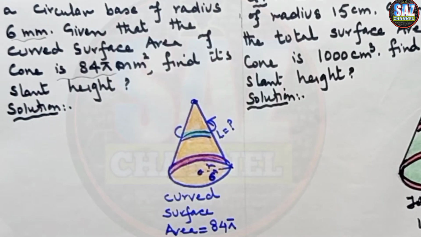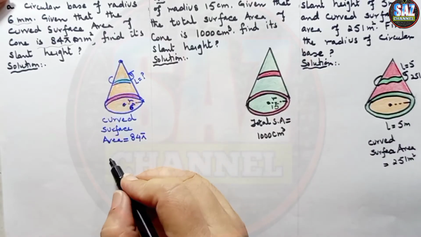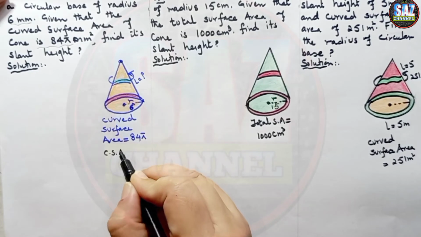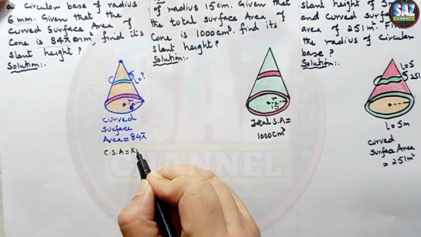So please recall the formulas. It's really important to learn and apply the formulas. We know that the formula for the curved surface area of a cone is πrl.